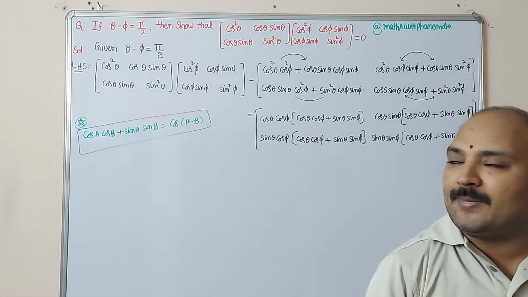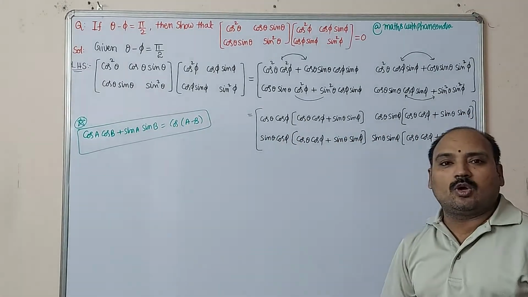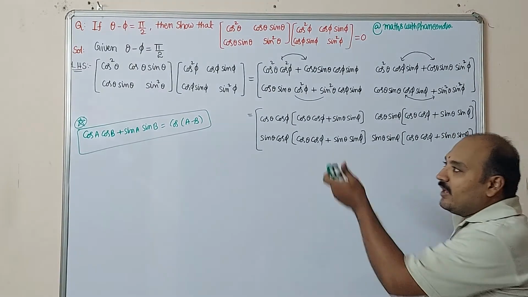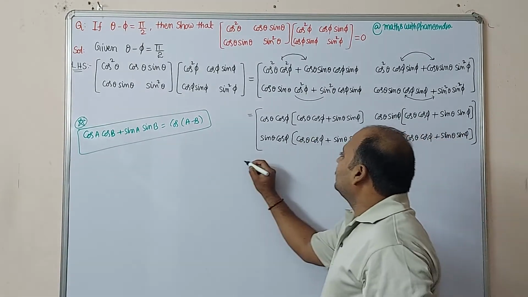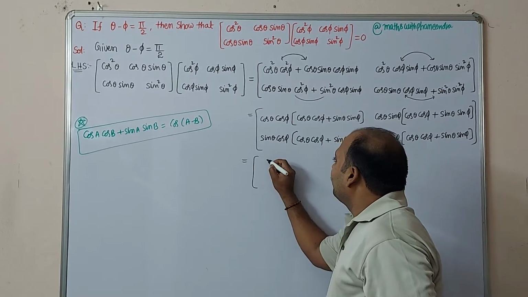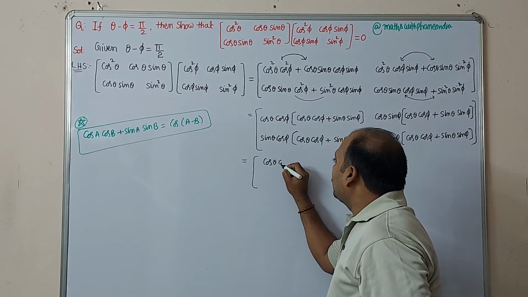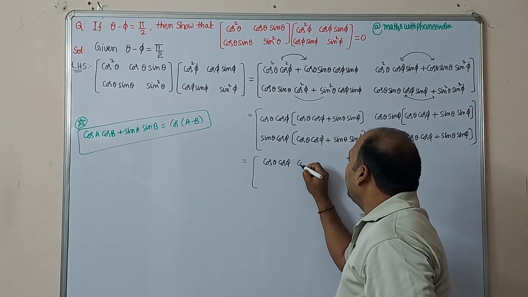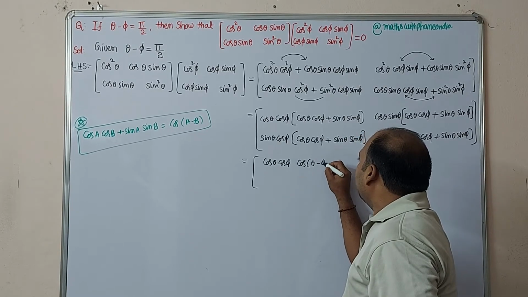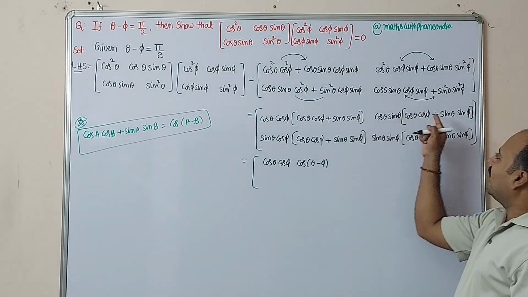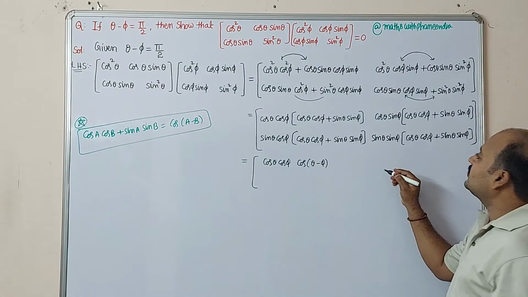So by using this formula, this will become cos theta into cos phi into cos of theta minus phi. Every bracket value will become cos of theta minus phi.